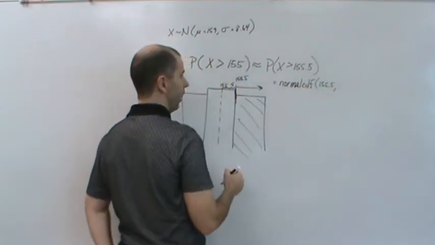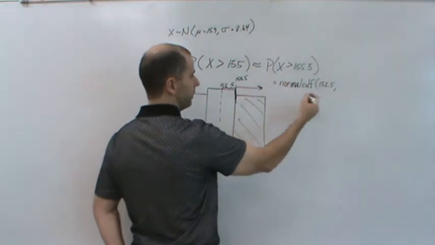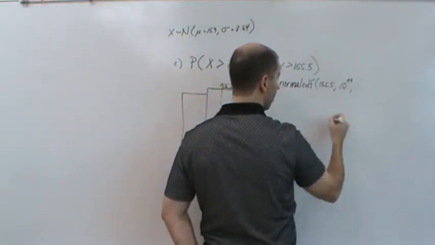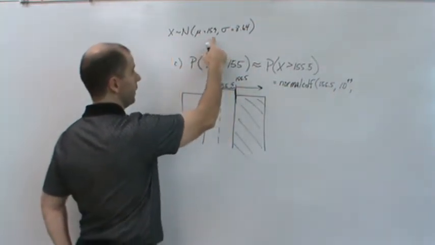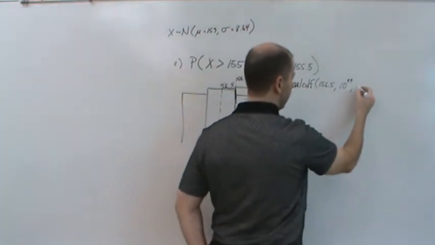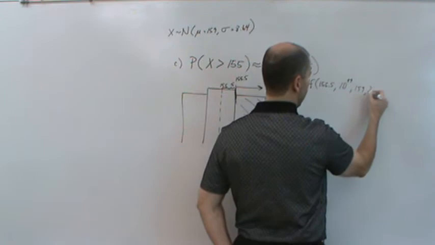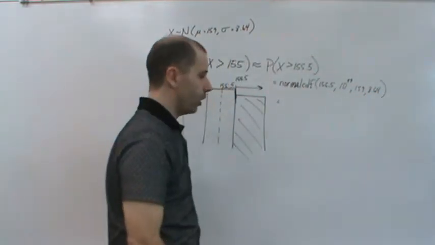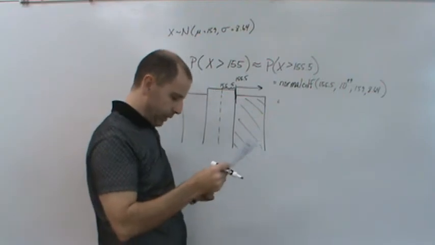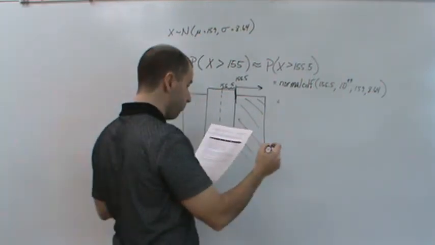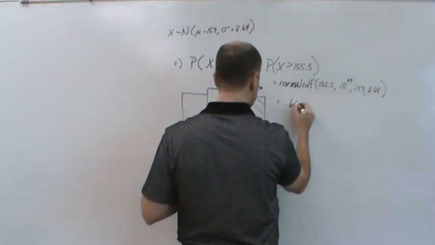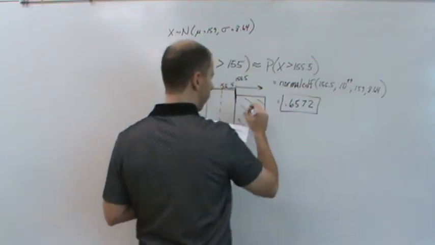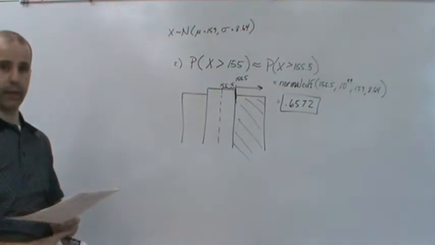The upper bound is going to be 10 to the 99th power. And of course, the mean and standard deviation are the same, 159 and 8.64. And so what do we get? We get 0.6572 for our probability. Okay?